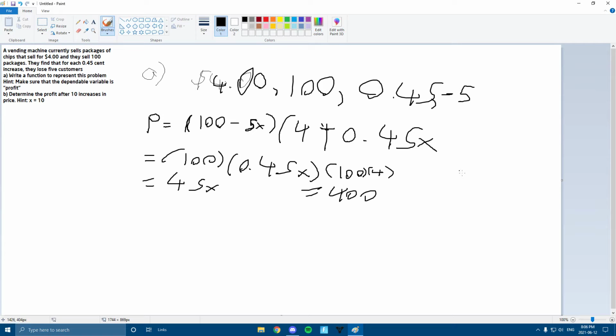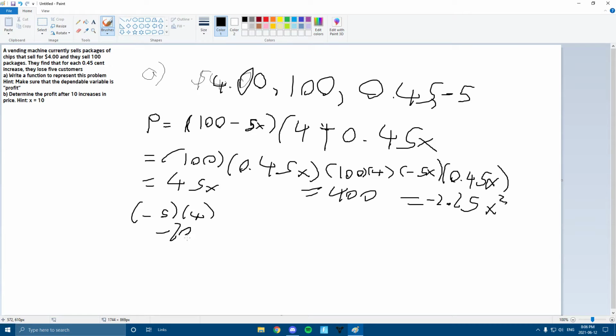Next, -5x times 0.45x equals -2.25x squared. And the last one is -5 times 4, which equals -20x.